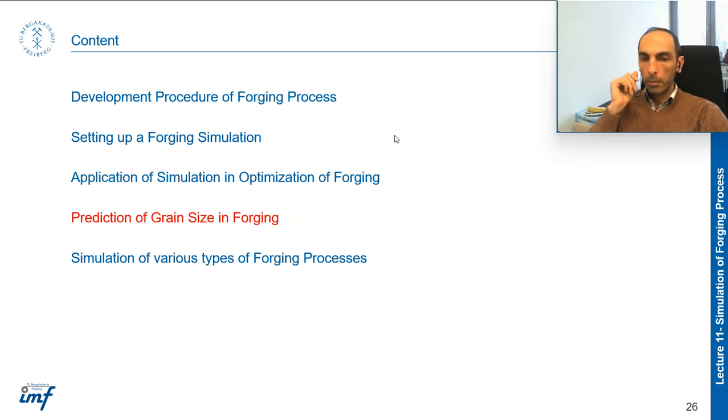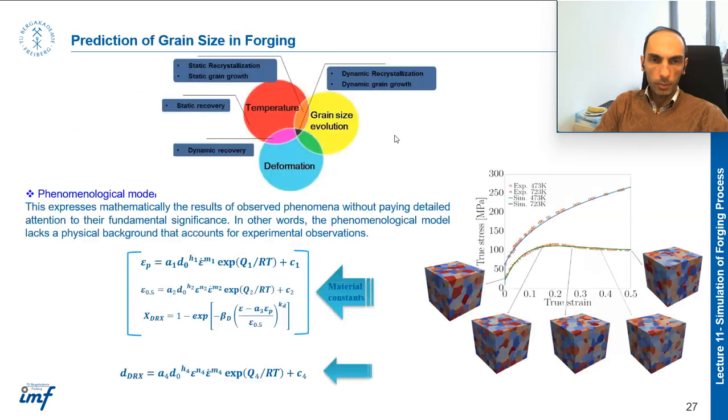But the simulation is not limited to these parameters. You can go deeper and predict metallurgical properties, microstructural properties, and so on, of course using the predicted state variables. Now we want to talk about this.